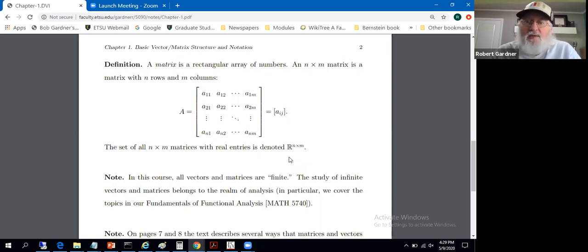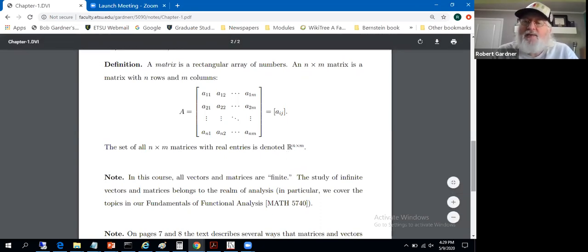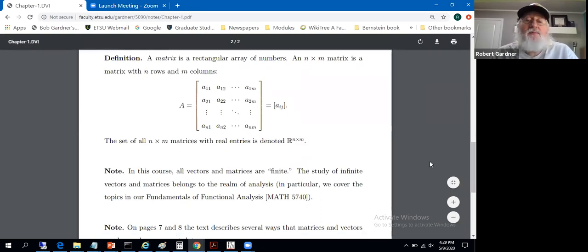More on vector spaces later, but I think that's what motivates these guys to use that notation. In fact, those vector spaces would be isomorphic to the vector space R^(nm), the product n times m. The dimension would be n times m.